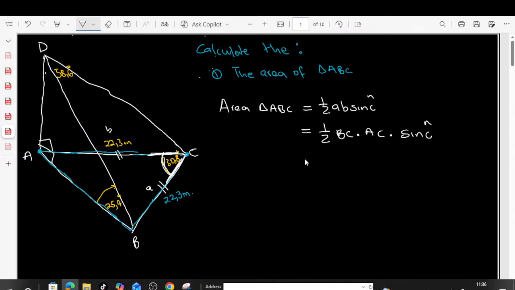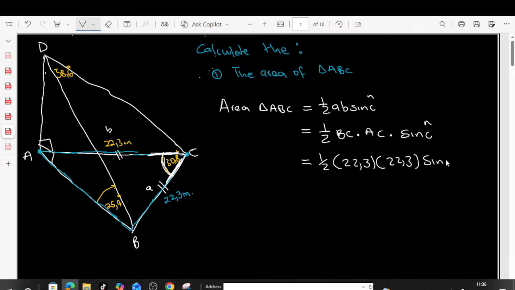The only thing that you need to do is substitute what you are given, because now on the statement they told us that AC and BC are equal. So I'm just gonna do the substitution and say this is 1/2. Where there's BC, I can put 22.3. Where there's AC, we can put 22.3.